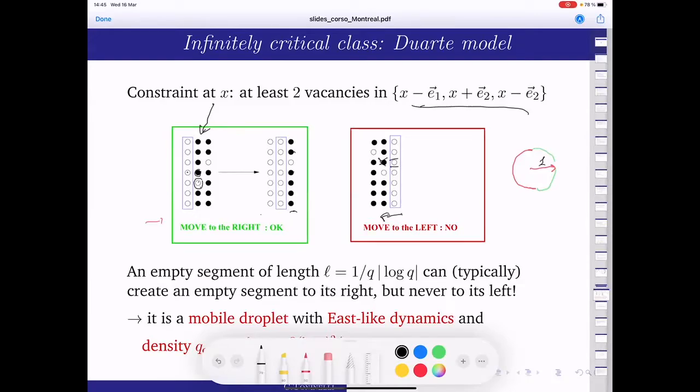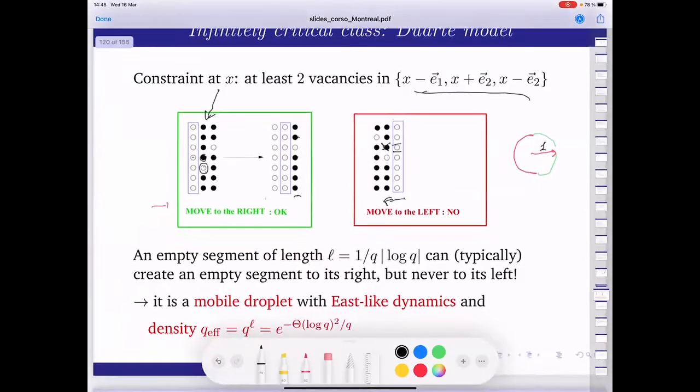So this empty column of this length is a droplet which is mobile in a typical environment, in an environment in which I found an empty site on this long interval. But it is mobile with an East-like dynamics, a dynamics in which I can move only in one direction.